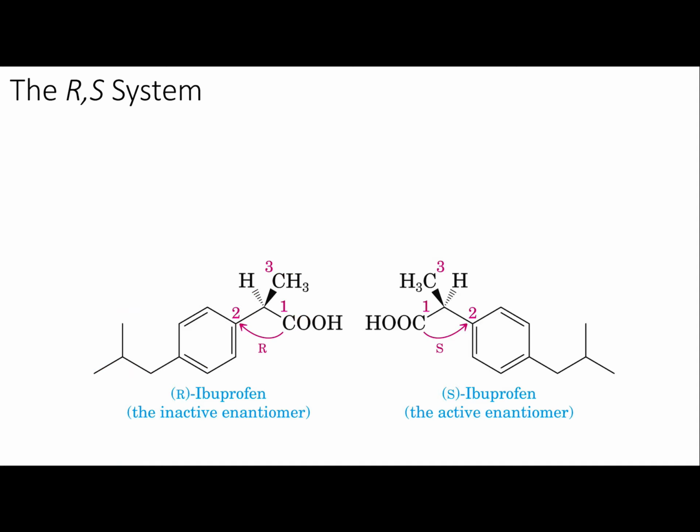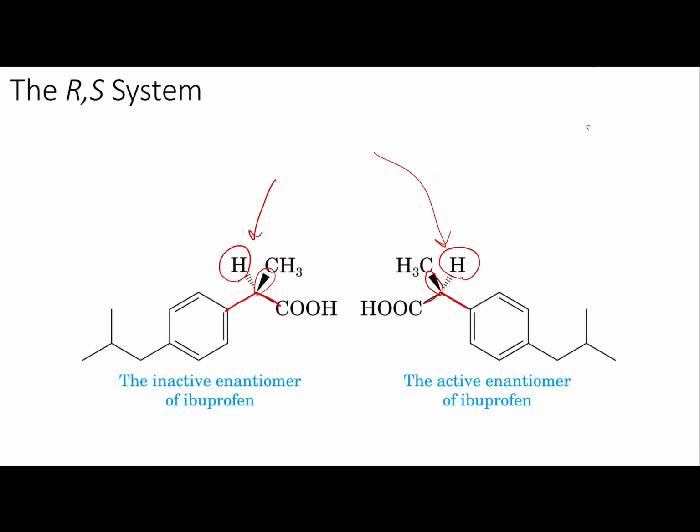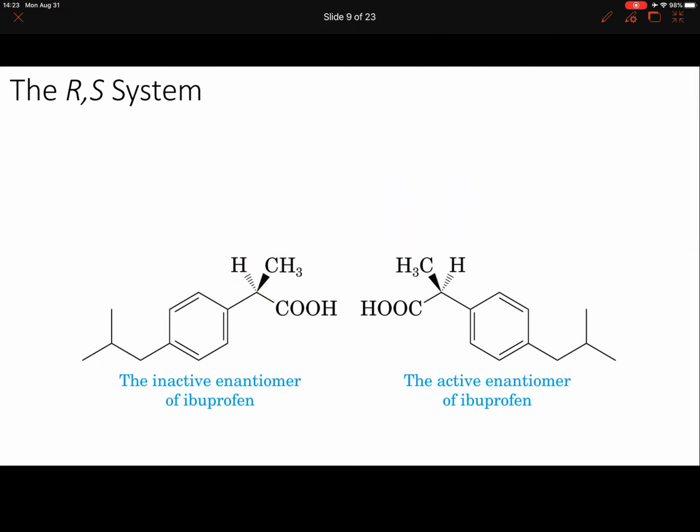So this is the 2 ibuprofens that we had before. Actually, we can go back to the ibuprofen and figure it out here. Okay, so hydrogen towards the back. We've got carbon, carbon, carbon. Okay, so there's a three-way tie, so we keep going. Carbon with hydrogens, carbon with oxygen, or carbon with carbon.